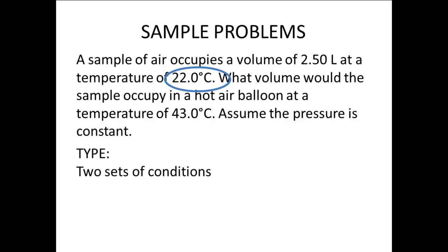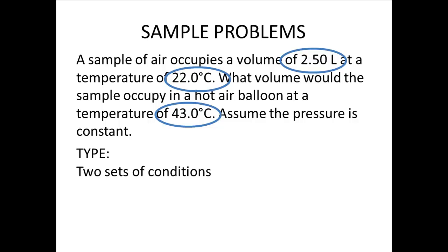There are two temperatures and one value for the volume, but the other volume is the answer to the question. The problem specifically says that the pressure remains constant, and we can reason that the amount of gas also remains the same, since the first sentence says a sample of the gas, and the question refers to the sample.